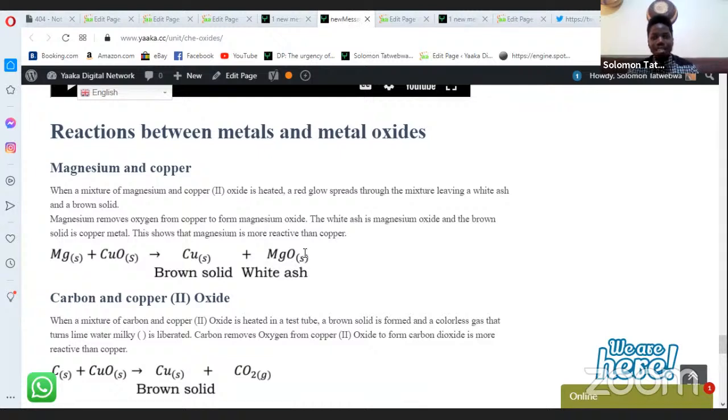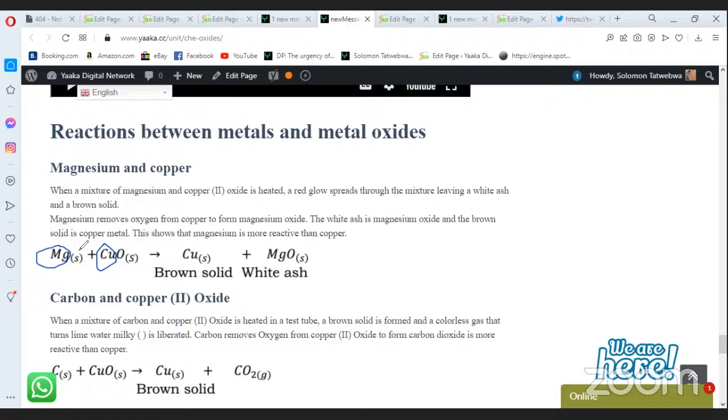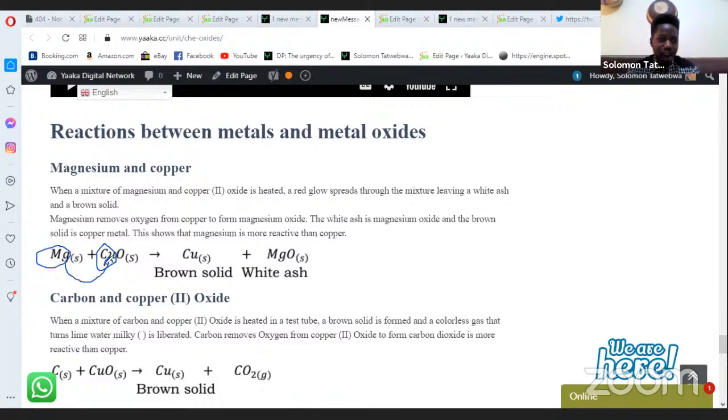When you look at this reaction, between copper and magnesium, which one is higher in the reactivity series? Magnesium. Magnesium is higher in the reactivity series. That's true. So therefore, magnesium is capable of displacing copper away from this oxygen.